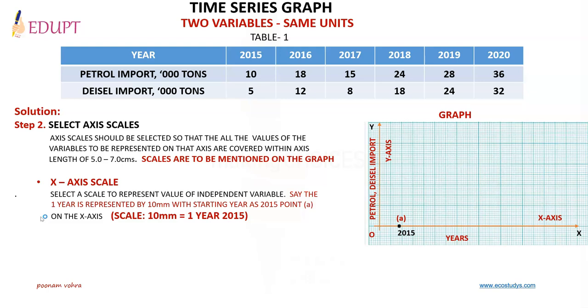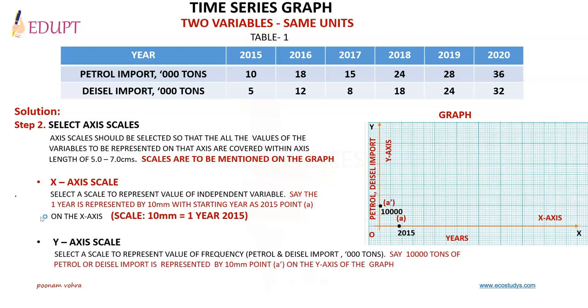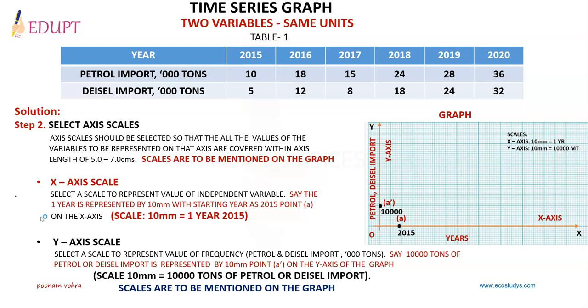For x-axis, the scale is 10 millimeters, which is representing 1 year, which is 2015, shown by A on x-axis. And for y-axis, the scale is 10,000 tons of petrol or diesel, equivalent to 10 millimeters, shown by A dash on y-axis.